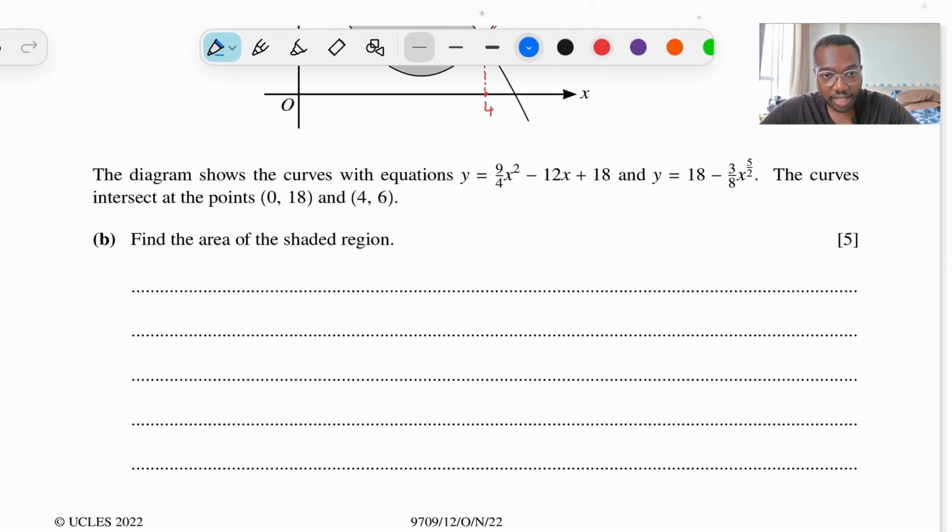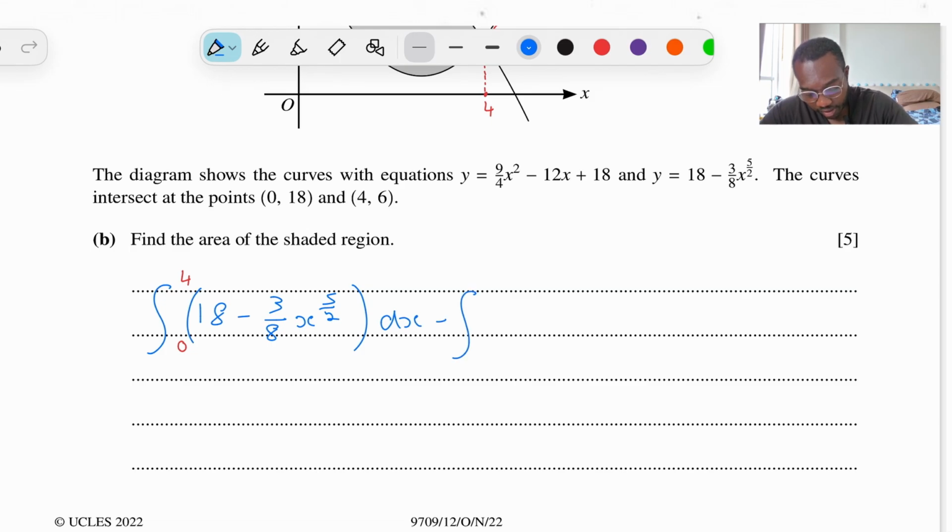If I just draw that out for you now, it would be the integral between 4 and 0 of 18 minus 3 over 8 x to the 5 over 2, with respect to x, minus the integral between 4 and 0 of 9 over 4 x squared minus 12x plus 18, with respect to x. So that's effectively what we need to do.